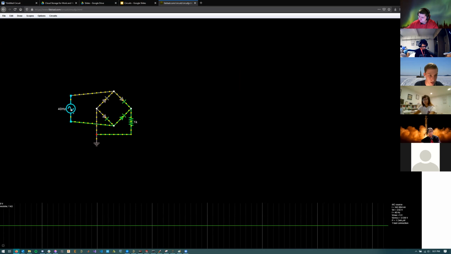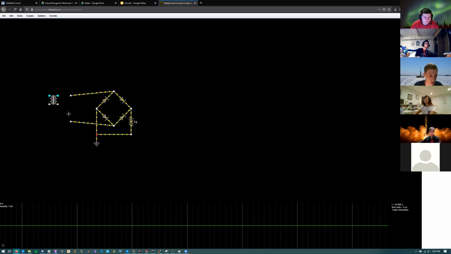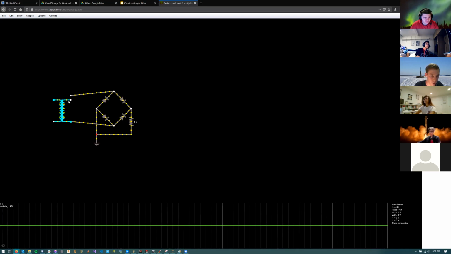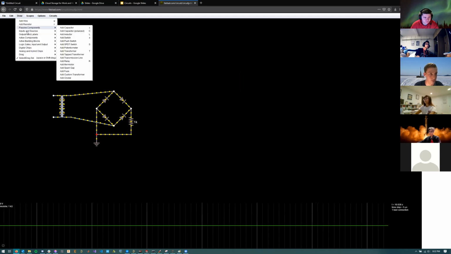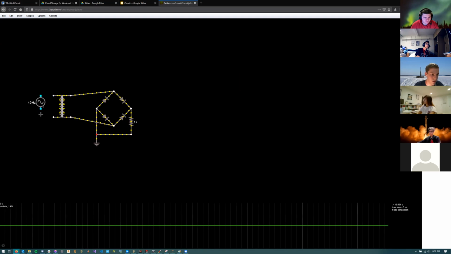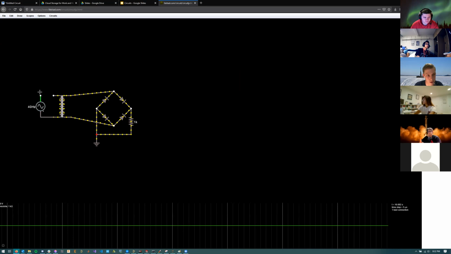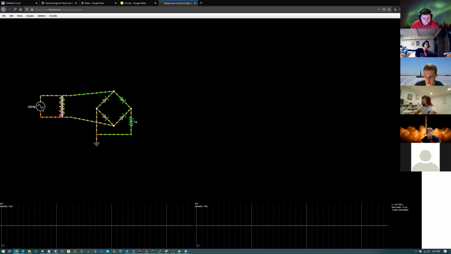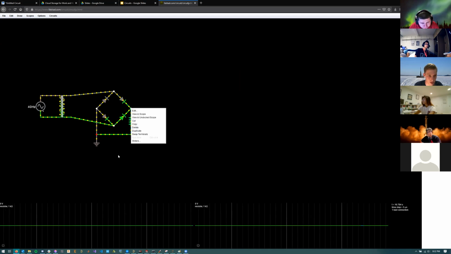Oh, maybe I need, oh, I know what I need. I need a transformer. This is going to allow the current to flow in a loop, which is what we need. Draw another AC voltage source here, and we'll see that on our output. Something's not working here.